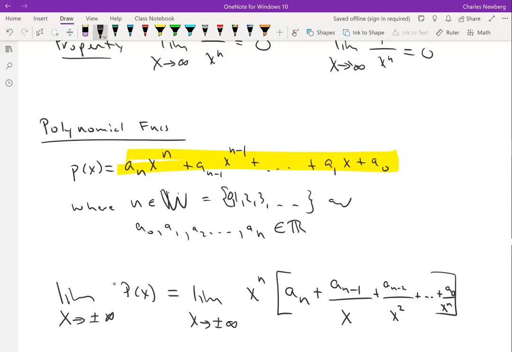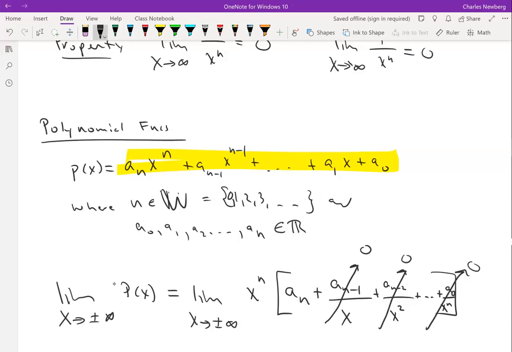Give you a chance to get caught up. So now, let's see what happens here as x is either going to positive infinity or minus infinity. Well, that means this is a number. Pick your favorite number, 17. Take 17 divided by a number getting bigger to infinity or minus infinity. Where is this ratio going, class? 0, right? Take a constant divided by a bigger and bigger number, that is going to 0.